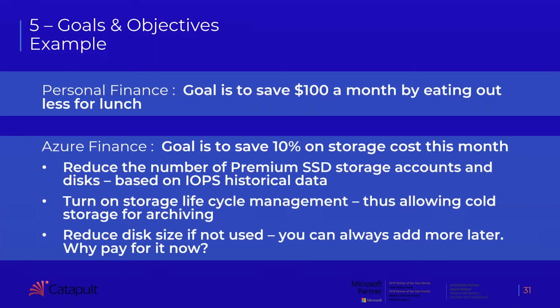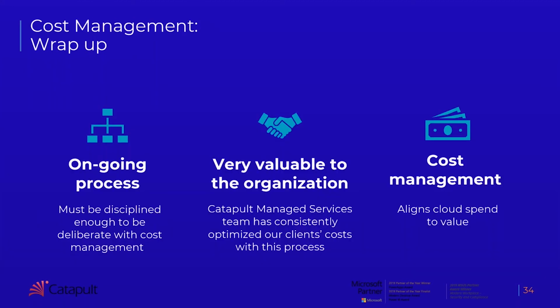They can actually resize a VM in about 5 minutes. So the goal is to pay for it when you need it, and let's save the money. By doing all that stuff, you more likely shave 10% or more of your storage costs for that month. And so that's the goal, is to tackle little things like that, right?